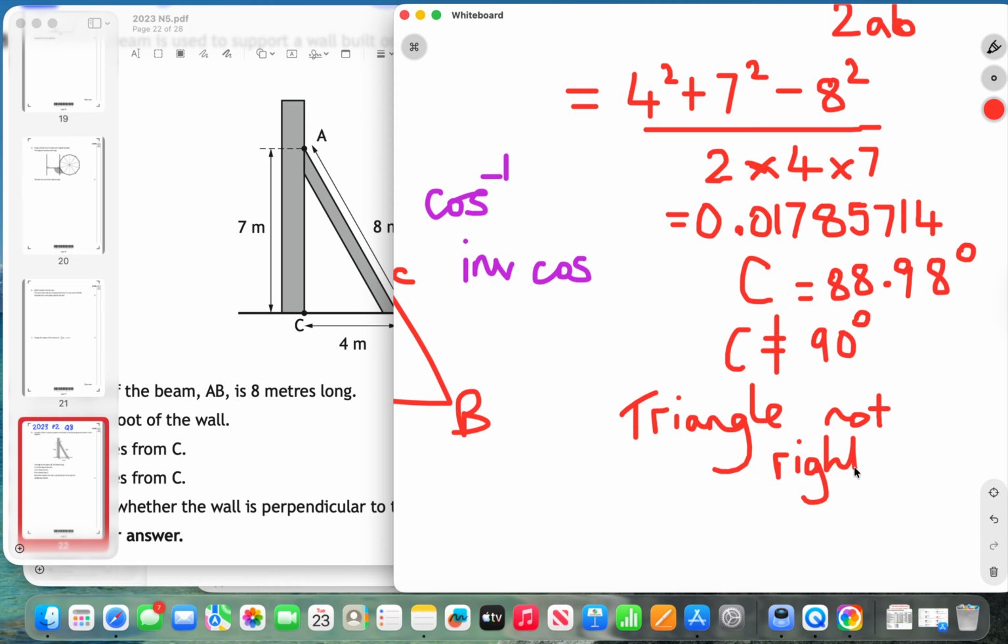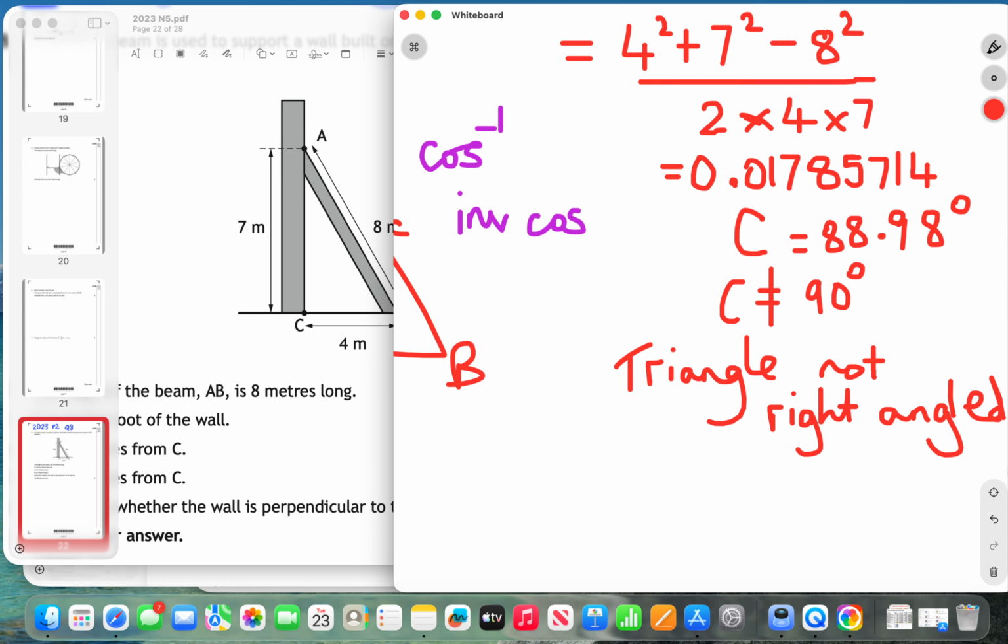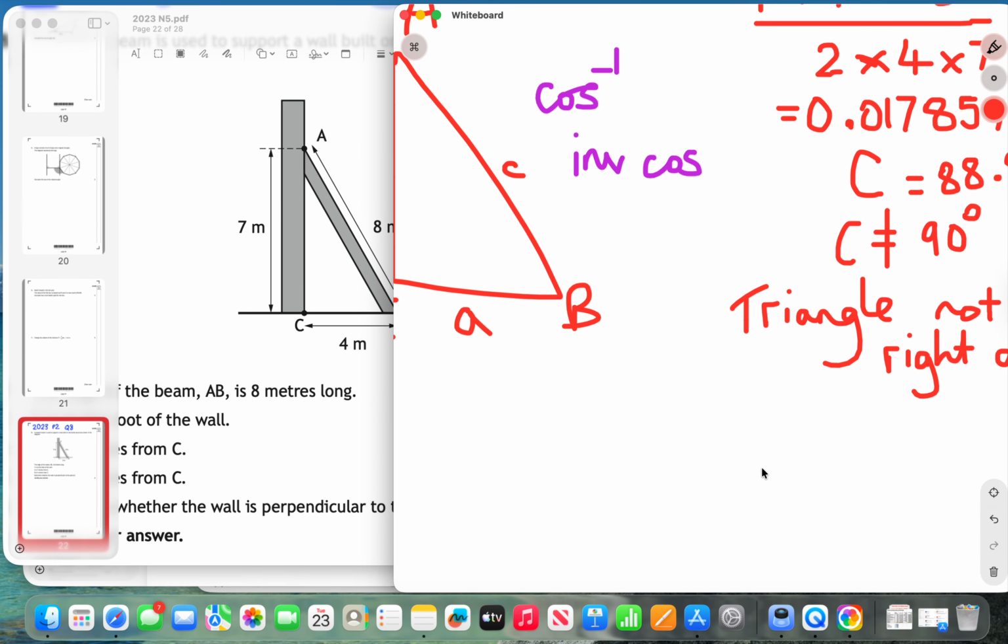But we have to link this back to the question, because it doesn't ask if the triangle is right angled or not. It asks, is the wall perpendicular to the ground? So it's not right angled, and we then say the wall is not perpendicular to the ground.